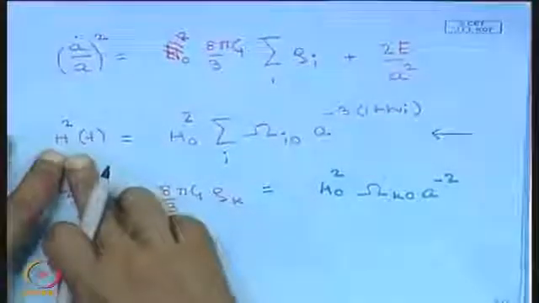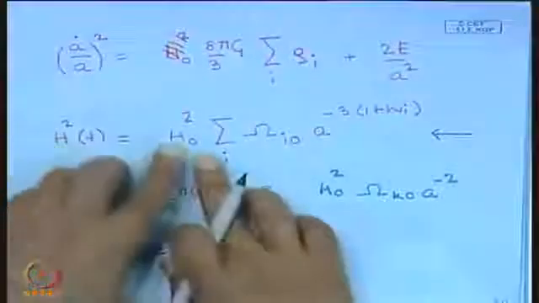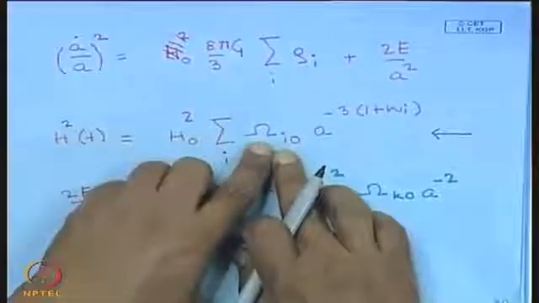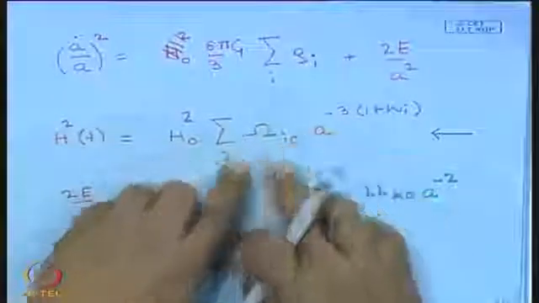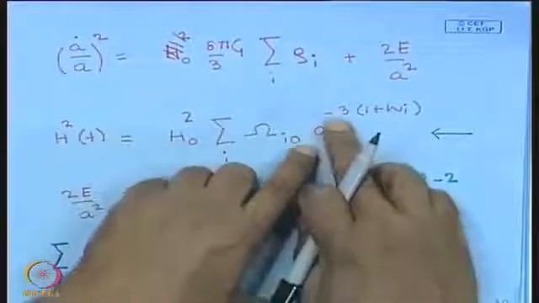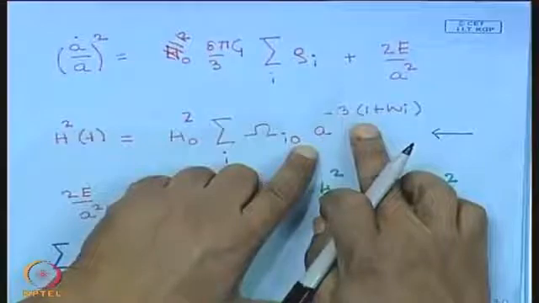So, let us use this. H square is H naught square omega matter a to the power minus 3, where omega matter is 1. We will put that in here.